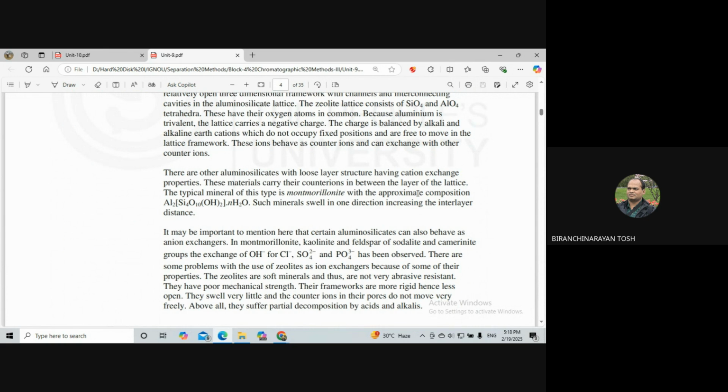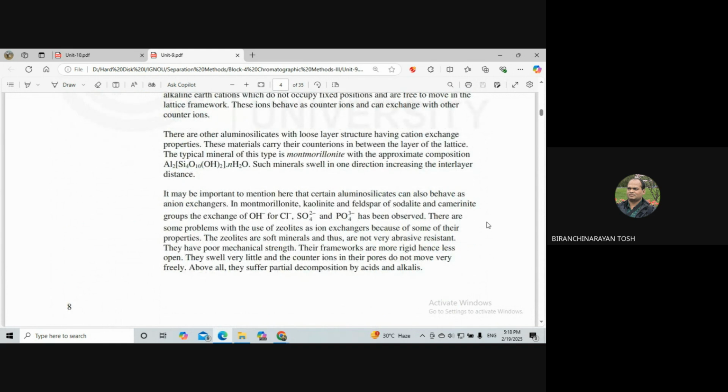It may be important to mention here that certain aluminosilicates can also behave as ion exchangers, like montmorillonite, kaolinite, and feldspar, of the sodalite and cancrinite group. The exchange of OH minus, that means hydroxyl ion, for chloride, sulfate and phosphate has been observed.